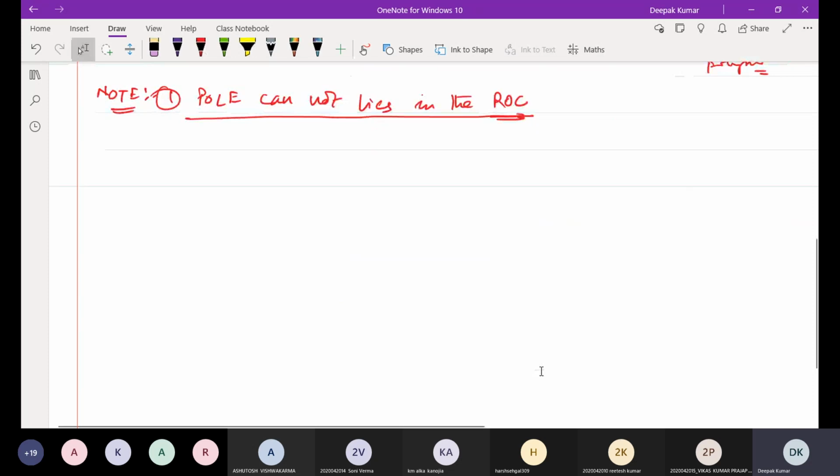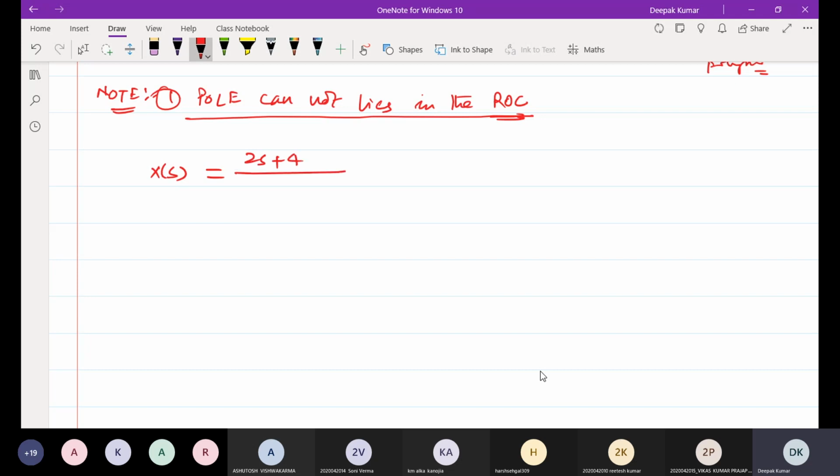Suppose the function X of s is equal to (2s plus 4) divided by (s square plus 4s plus 3). For the region of convergence, the ROC is real part of s greater than minus 1.